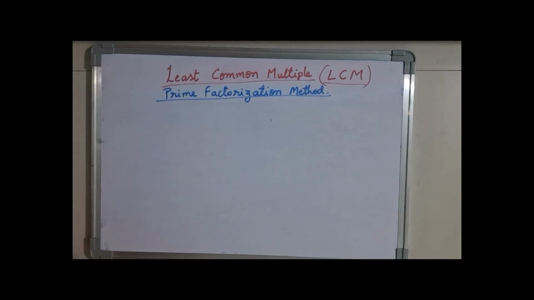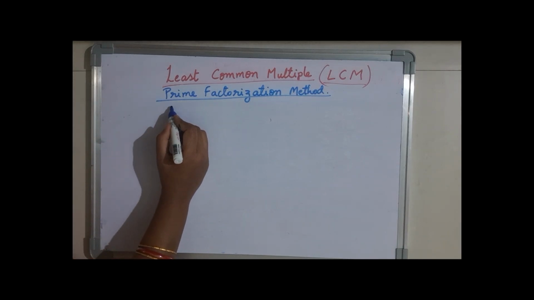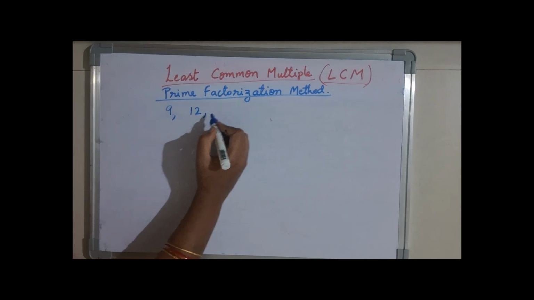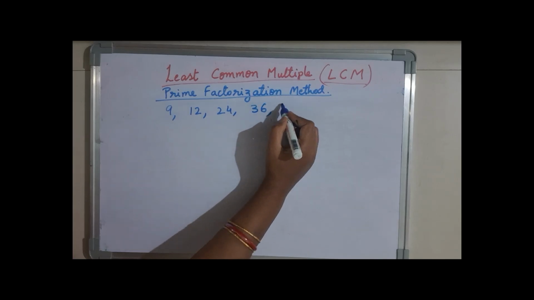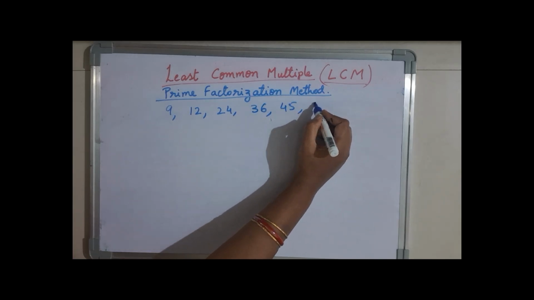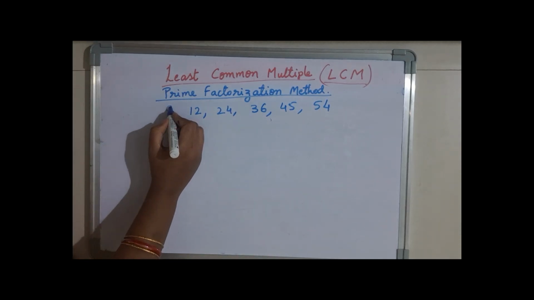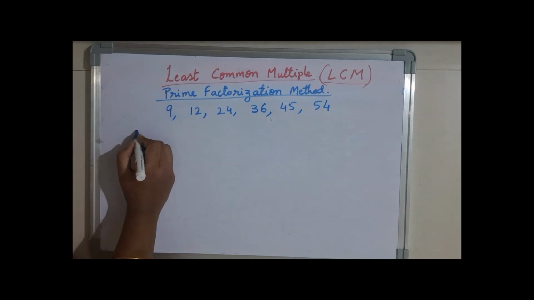Children, let us take one more example of six numbers. We have to find the LCM of these numbers: 9, 12, 24, 36, 45 and 54. Now we have to take all the prime factorizations of all these numbers.